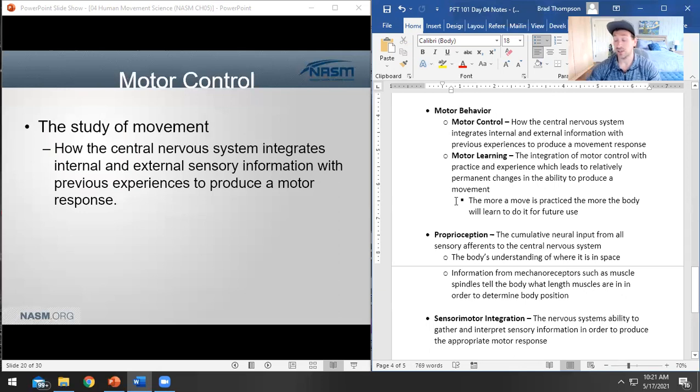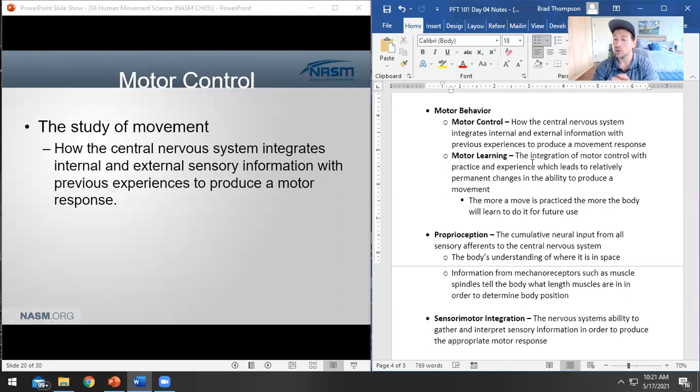Now, obviously that's going to slowly change over time as you get better and better at stuff. Well, that's where motor learning comes in. So when we take motor control and integrate it with practice and experience, and we get better at it slowly over time, that's what we describe as motor learning. So what we're doing with our clients is we are enhancing their motor learning.